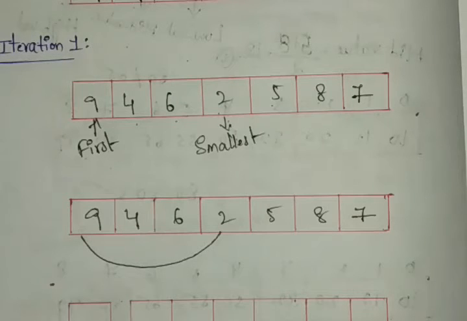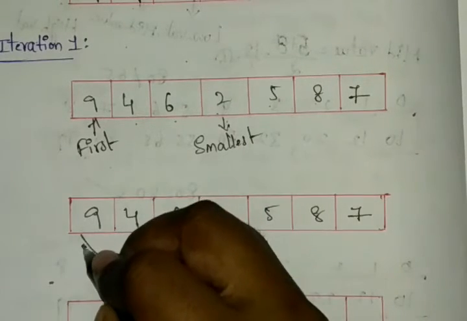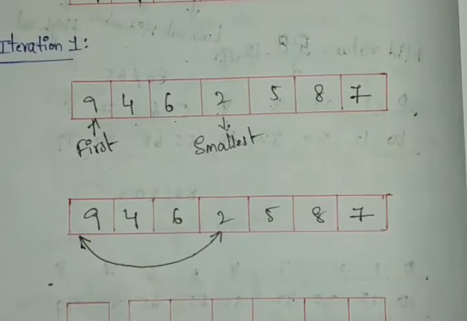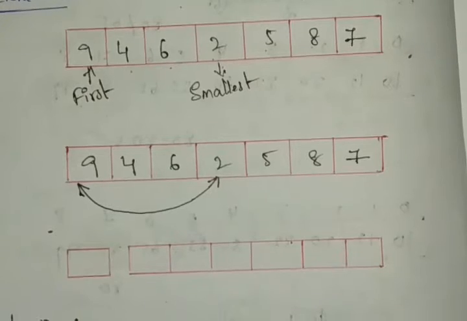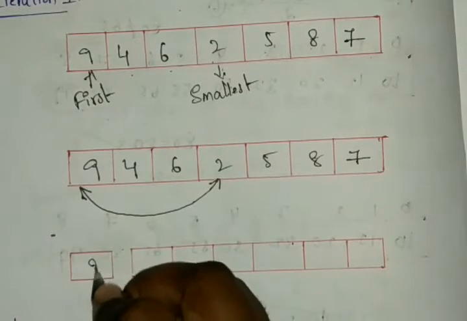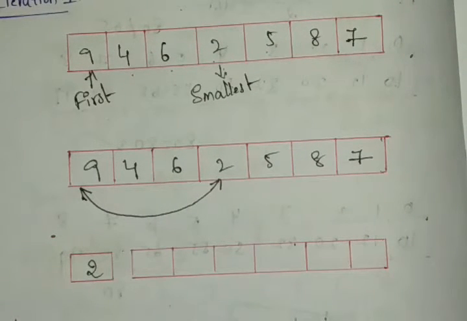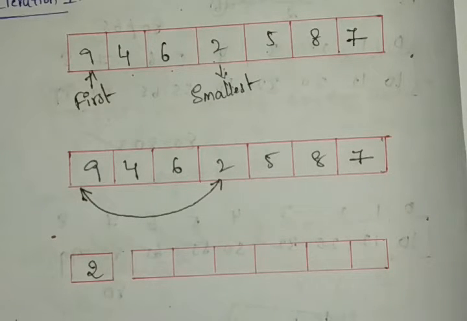We are performing the swapping technique. 2 is sorted now. So I am taking another box, or else you can combine them in the same box. There is no problem, that's our choice. We can perform this in two ways.